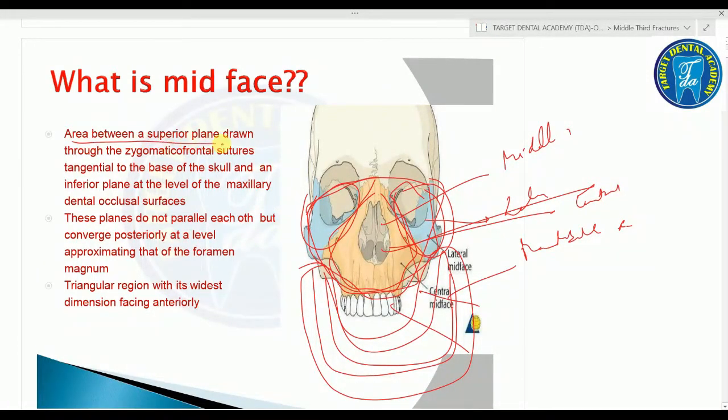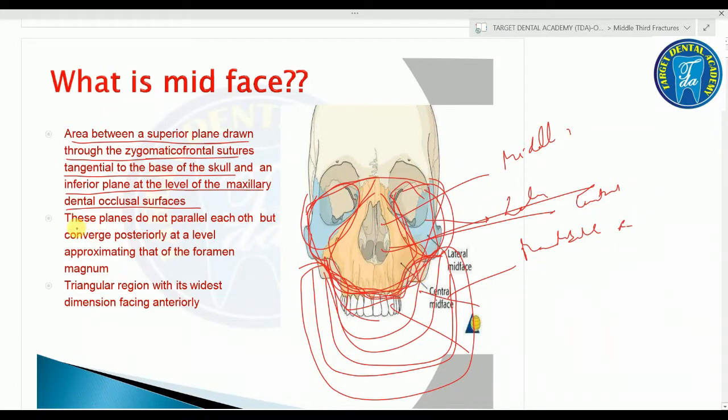It is an area between the superior plane, which is drawn through the zygomatico-frontal sutures tangential to the base of the skull, and an inferior plane at the level of the maxillary dental occlusal surfaces.